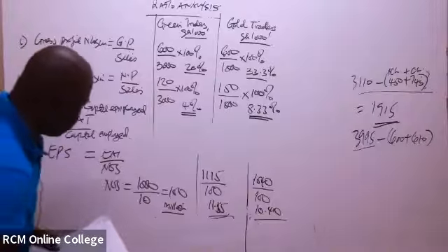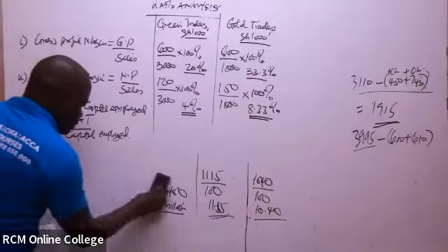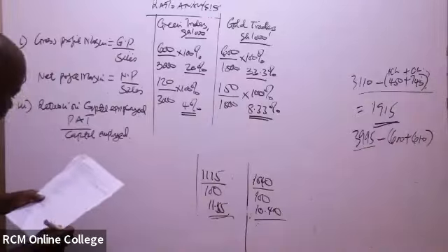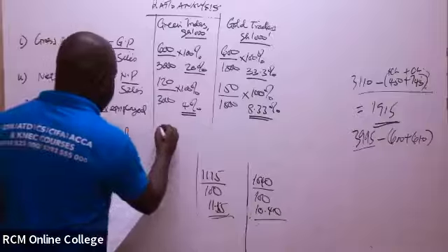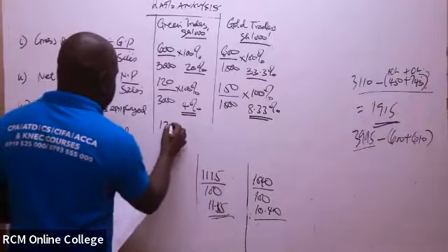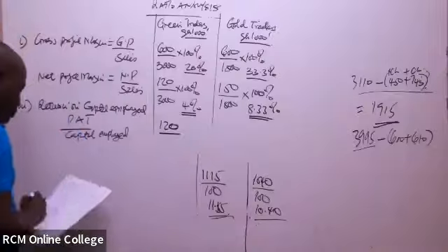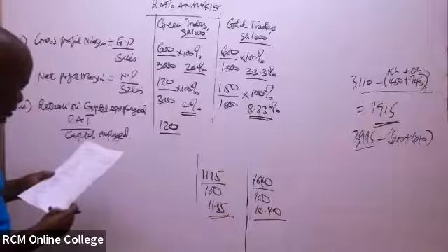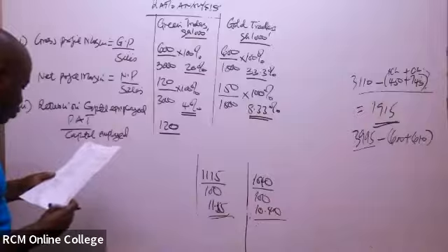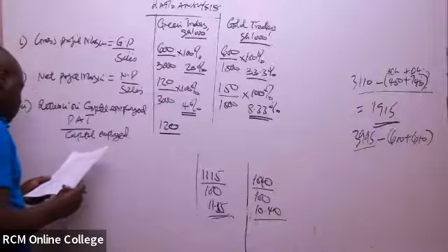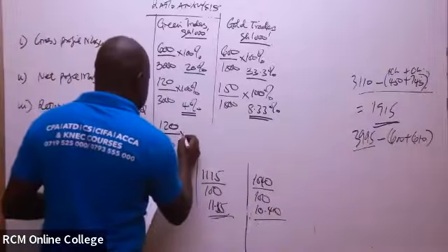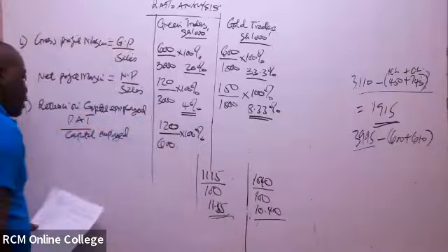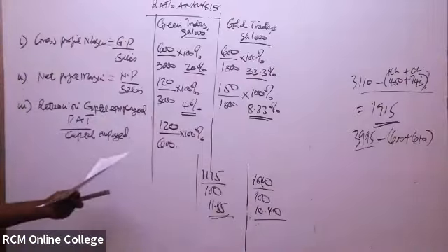So for this particular Green Traders, the profit after tax you can get in the income statement, after tax expenses. This one is actually 120 over the capital employed. You can take the equity part, or you can take total assets minus total liabilities.